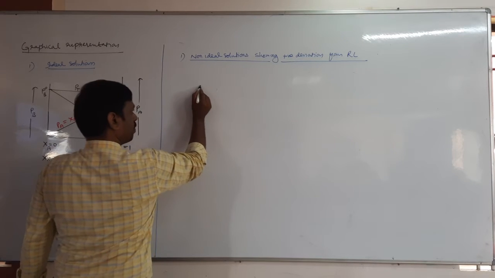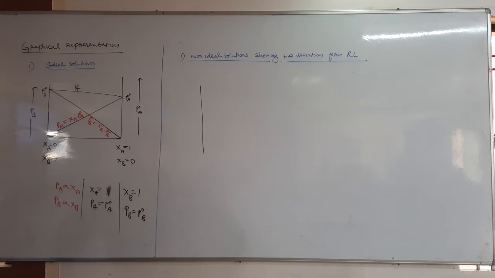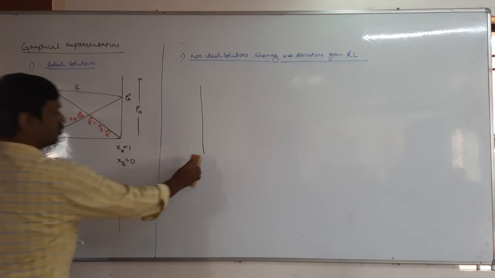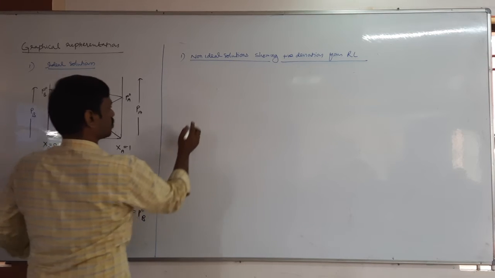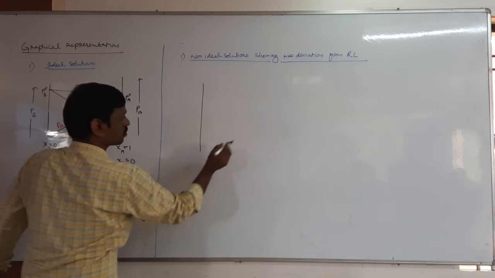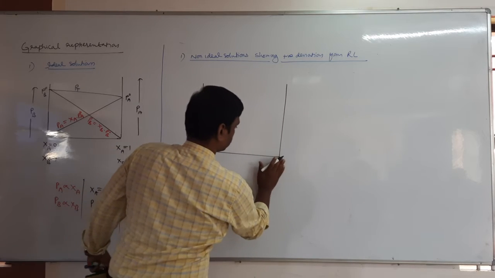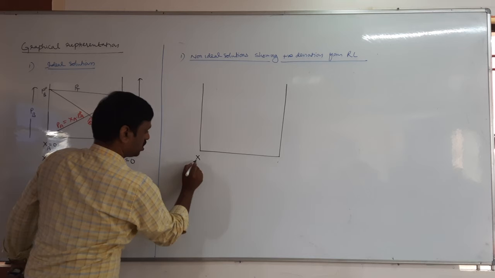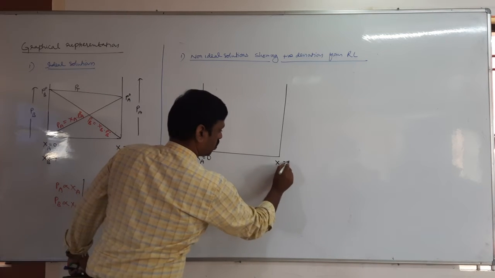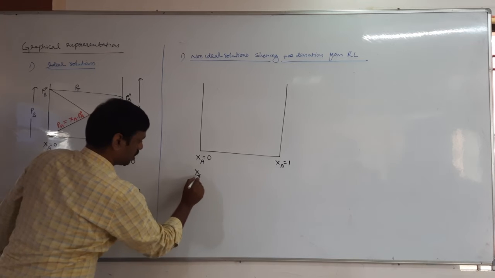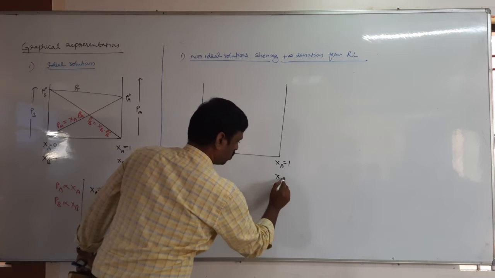So again it is same. It is similar to ideal solution. XA equal to 0, XA equal to 1, XB equal to 1, XB equal to 0.